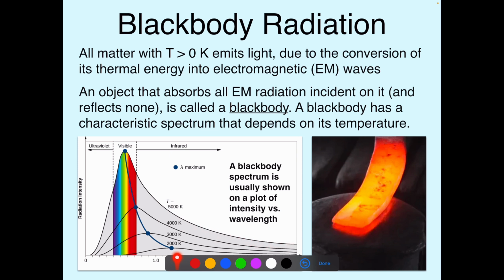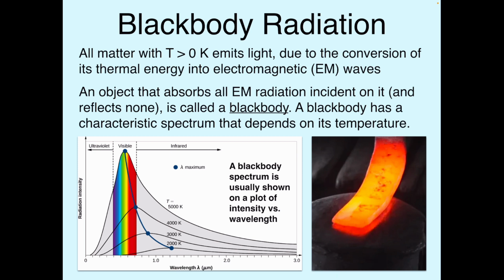And the same is true of this curve over here, which is for a cooler object at 4,000 K, and the same is true here at 3,000 K and 200 K. So every temperature has a given black body curve, okay? And we notice that the higher the temperature, the higher the overall intensity, right? So the 5,000 Kelvin curve has the highest peak intensity.